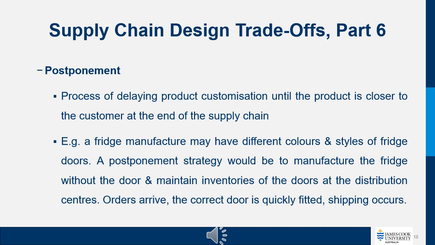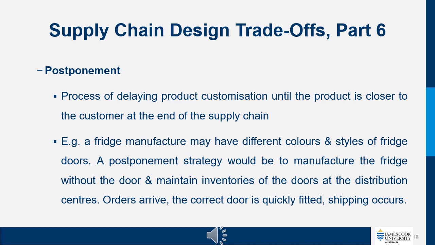For example, consider a refrigerator manufacturer. Instead of producing fully assembled refrigerators with different colors and styles, a postponement strategy would involve manufacturing the refrigerator without the door. The manufacturer would maintain inventory of the doors at the distribution center. When customer orders are received, the correct door is quickly fitted to the refrigerator and then the product is shipped to the customer.